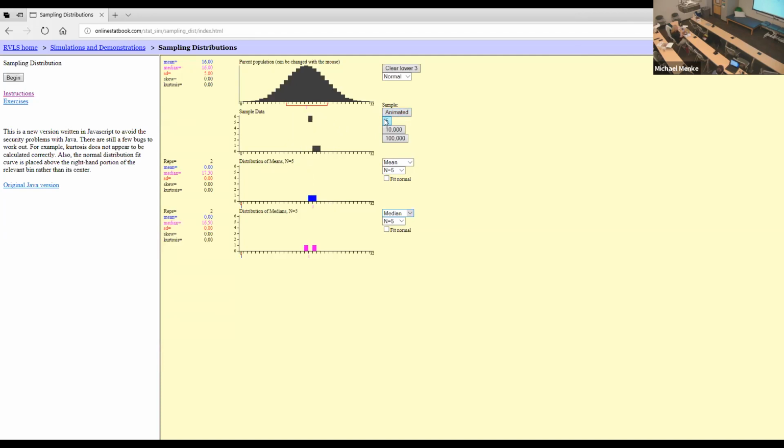So I can speed things up here. I'll draw 5 samples. And you can see what's happening right here is that it's forming a distribution of means based on samples of 5 apiece. So I can go on, and it's forming a distribution of the means, a sampling distribution of means, and a sampling distribution of medians. And they're roughly the same right now.